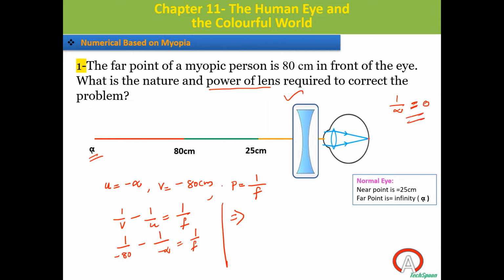Okay. 1 divided by a big number. Infinity means a very big number, right? So 1 by infinity is 0. Okay. So this equation will become 1 by minus 80 is equal to 1 by f. f is equal to minus 80, correct?